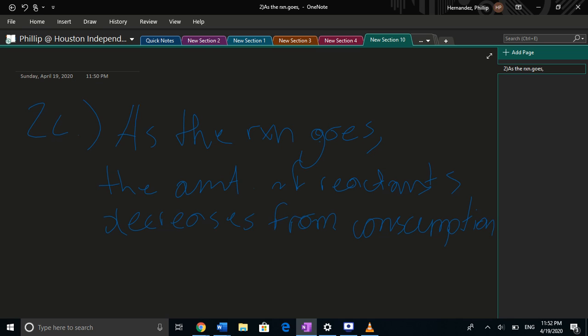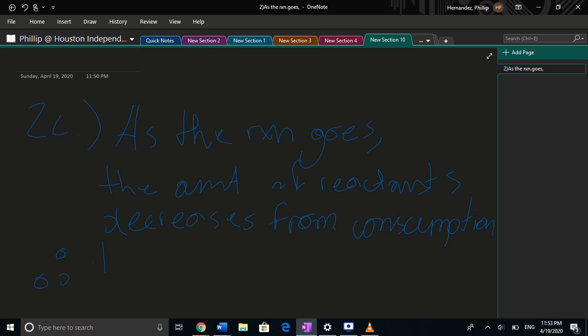And because we are losing the amount of reactants, we're losing concentration. The frequency of the collisions between the molecules is going to happen less frequently.